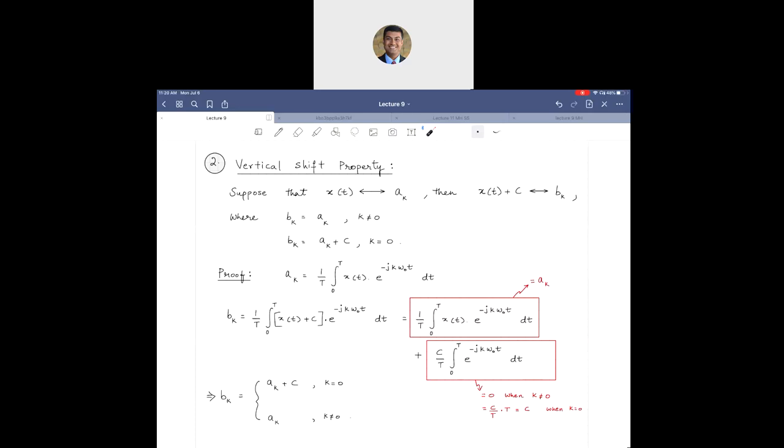When k equals 0, so let's do this. All right, for the integration, what do you have? Let me do this in blue.